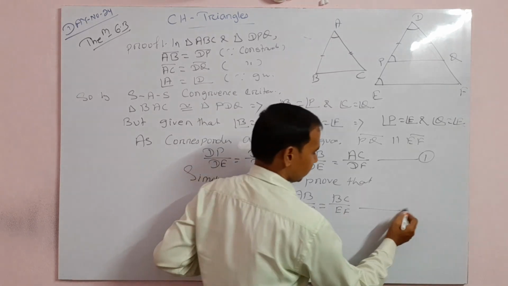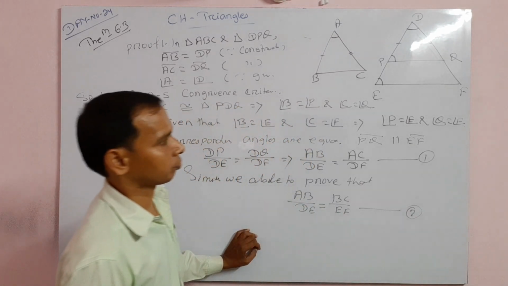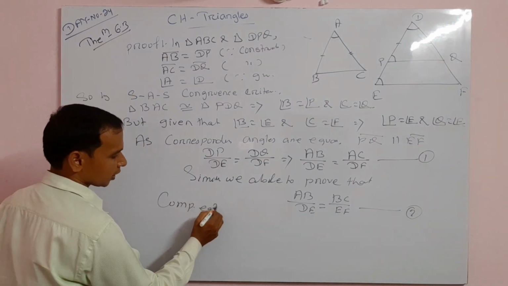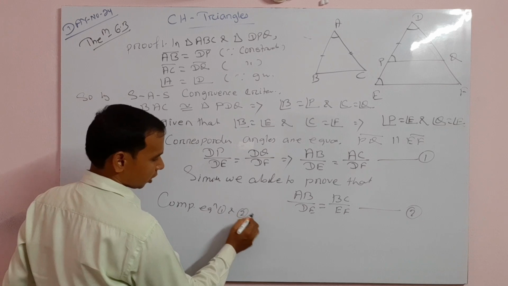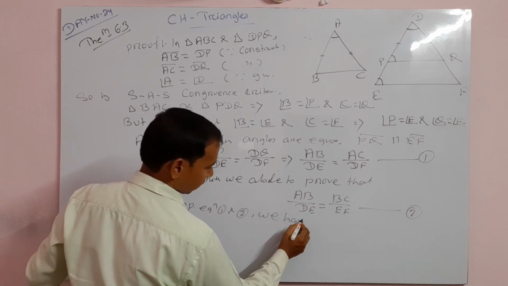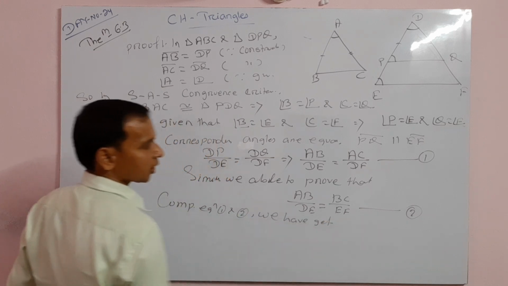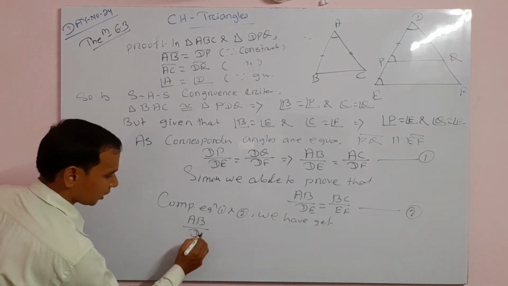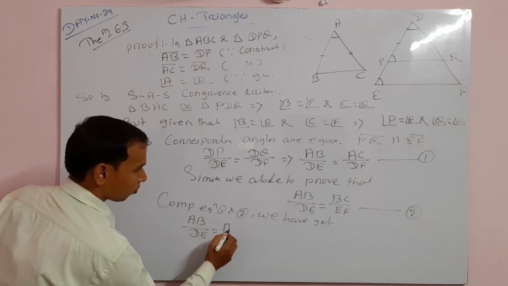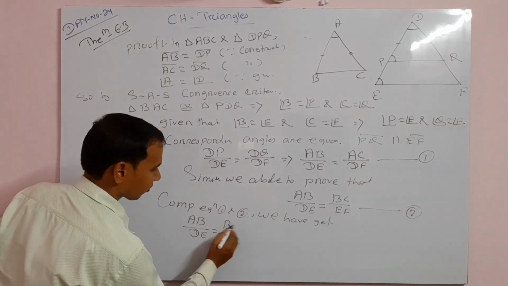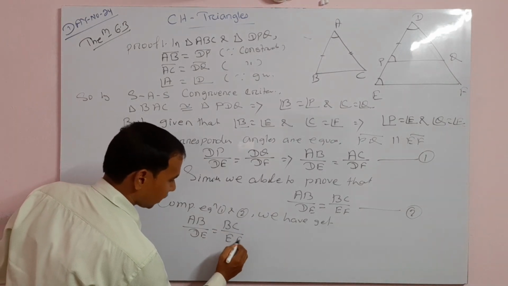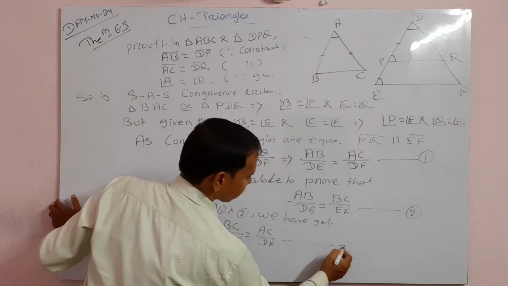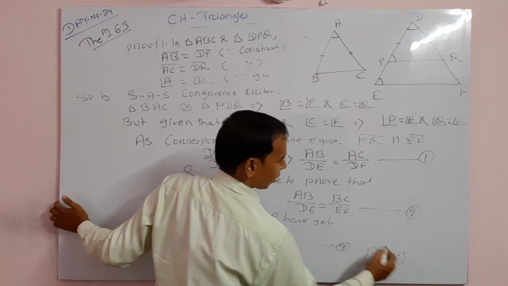This is equation 2. Okay. Comparing equation 1 and 2, we get AB by DE equal to BC by EF equal to AC by DF. This is equation 3 and proved 1.